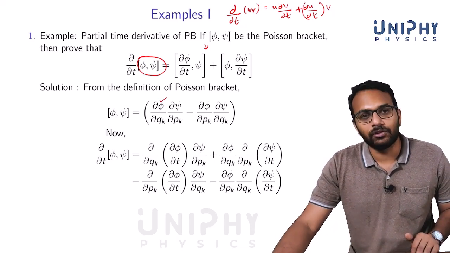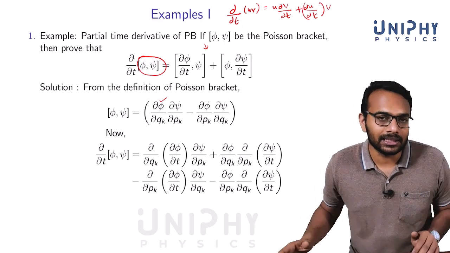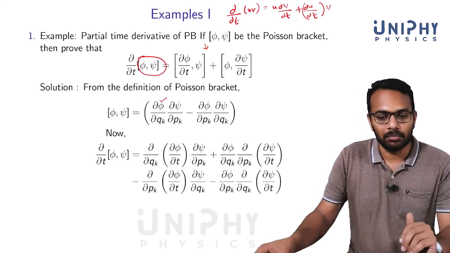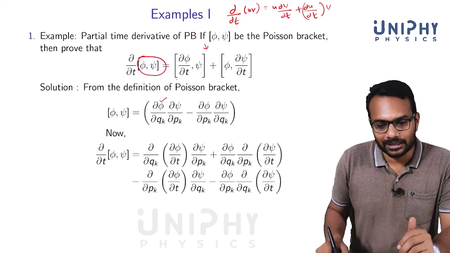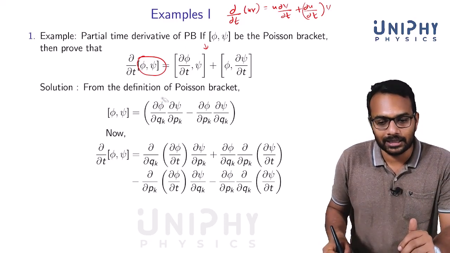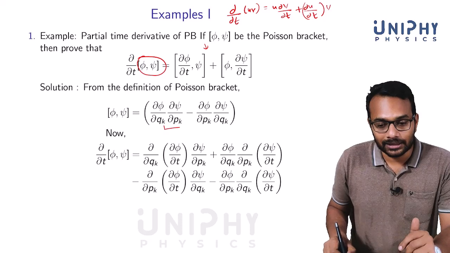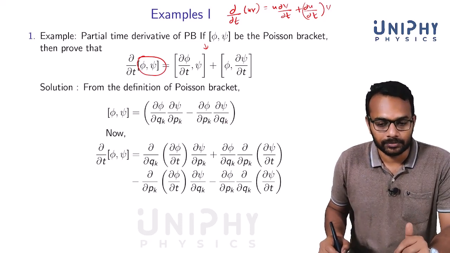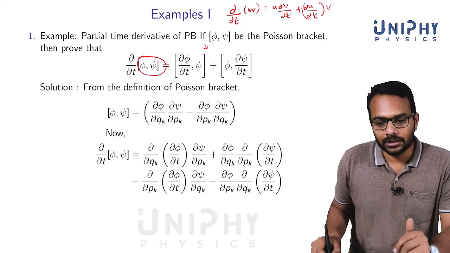If you have noticed, in Hamilton's equations, you can interchange q and p, but then you get an extra minus sign. It's the same minus sign that appears here. And there is actually a summation over k. All right, so this is the Poisson bracket.